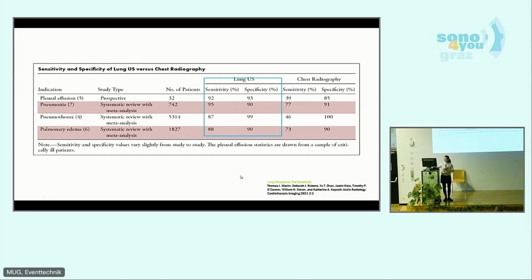A really well-performed study compared these two examinations, and it came to the conclusion that lung ultrasound has higher sensitivity and higher specificity in answering all of these questions.